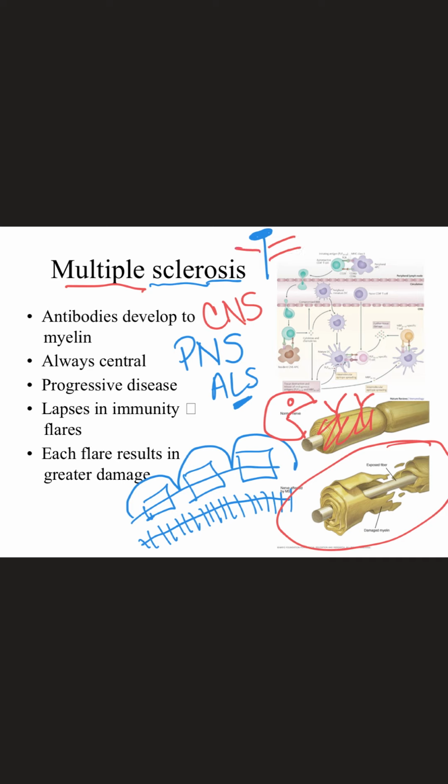These lateral nerves, these peripheral nerves going out to places like skeletal muscles, are what are affected in ALS. So ALS is a form of MS. It's in the same family. It's still going to be the inflammation and the targeted damage to nerves. ALS is peripheral, where MS is central.